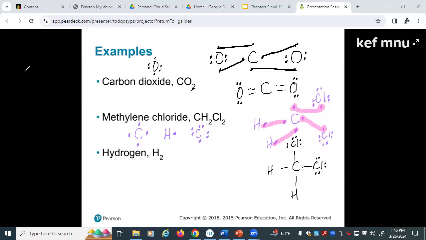Speaking of hydrogen, we look at this last example. I've got 2 hydrogens, so each of them would have just the 1 dot.